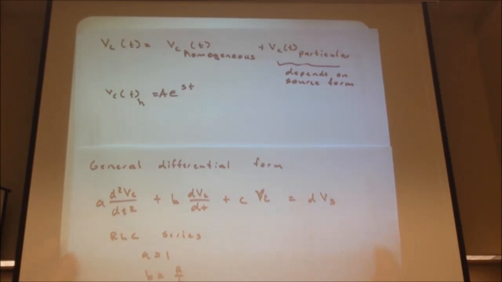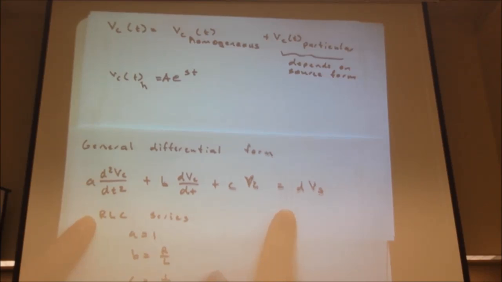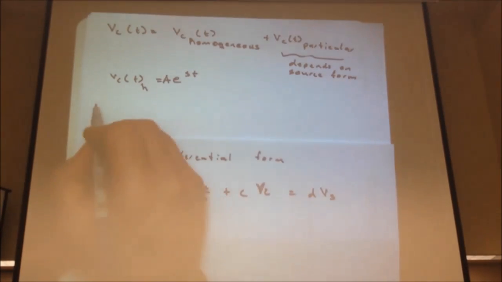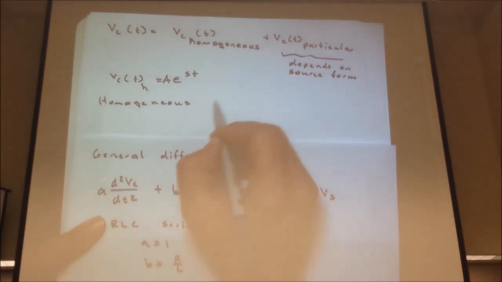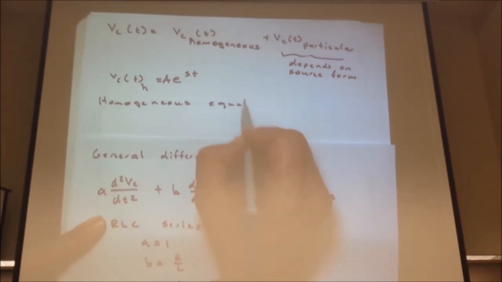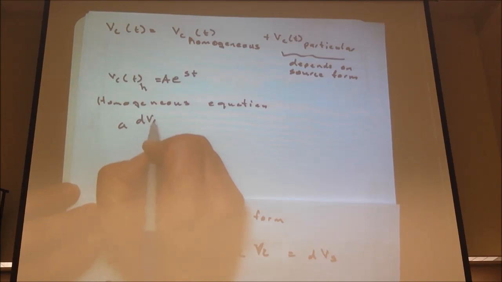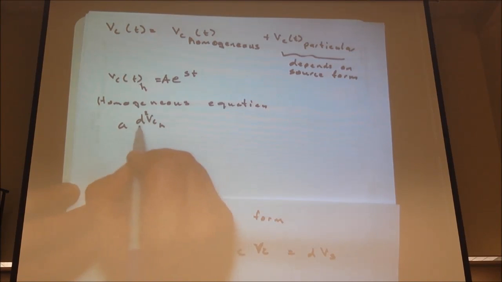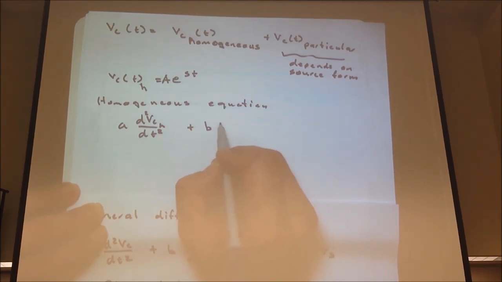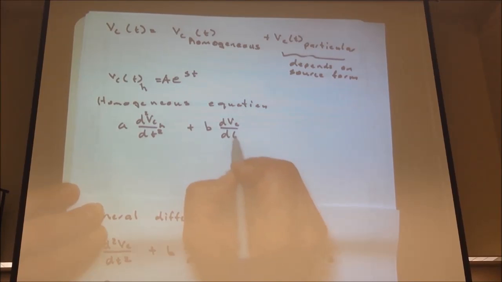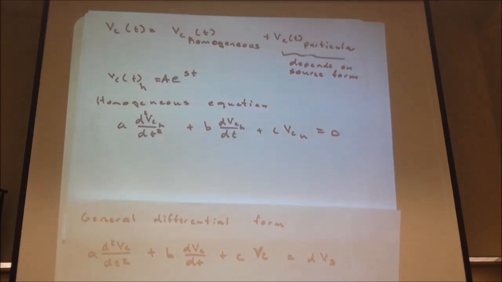And so coming back here, here's our general differential equation, and let's be specific. We're looking at the homogeneous differential equation, which means we have no source. So we're looking at A d2VC,h by dt squared plus B dVC,h by dt plus C VC,h equals 0.